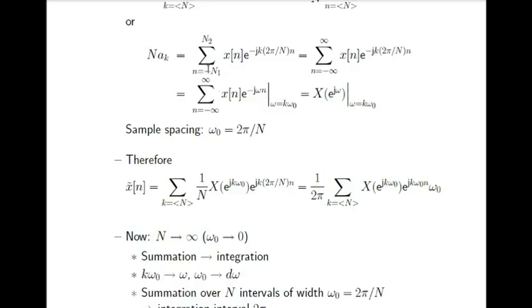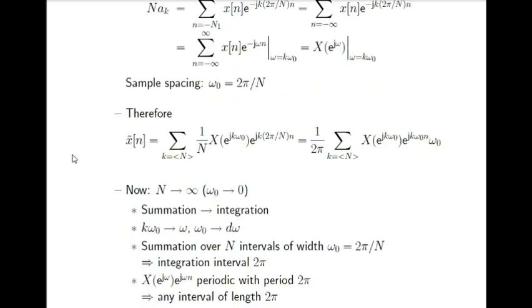Because I have already found the value of a k, which is 1 upon N times X of e to the power j omega, so I have replaced a k with that value. This is a similar equation to the eigenfunction one which I told you about in the Fourier series representation.